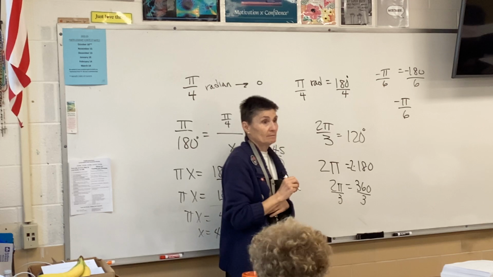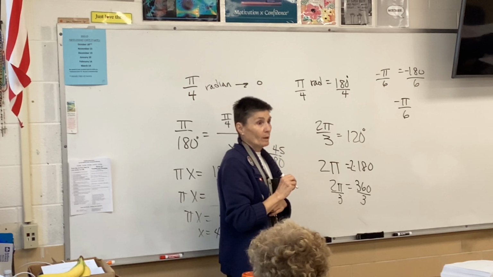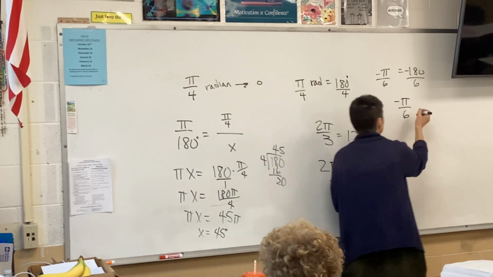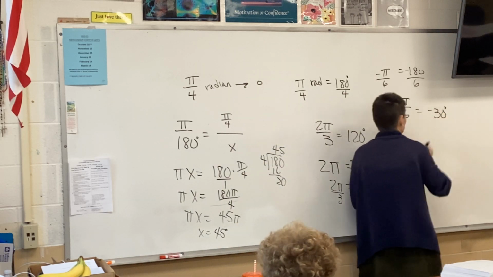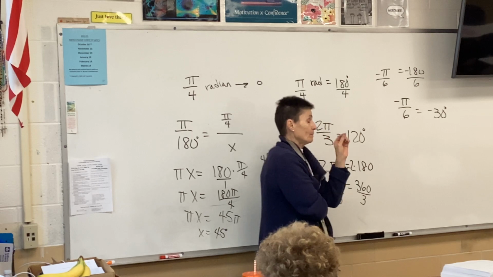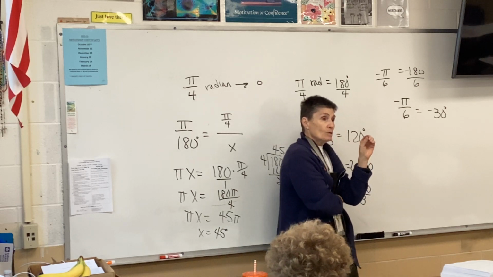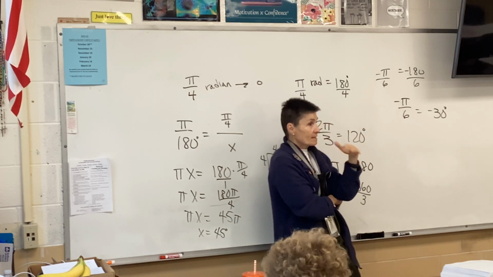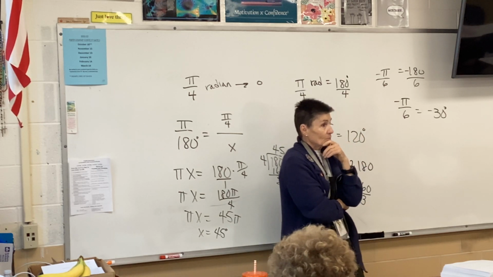What would we get? 180 divided by 6. Negative 30. Negative 30. Remember, pi is 180. So a sixth of pi is a sixth of 180, which is 30.